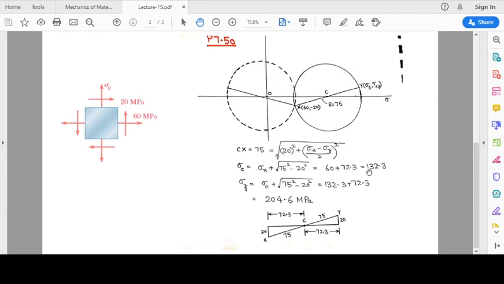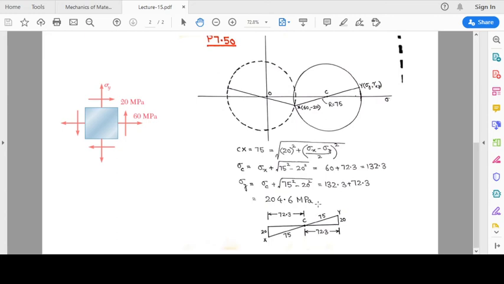This gives us the value of sigma C, the normal stress at the center of the circle. Then sigma y is again sigma C plus 72.3, which gives 204.6 megapascals. This is the largest value for which the shear stress is not going to exceed 75 megapascals.